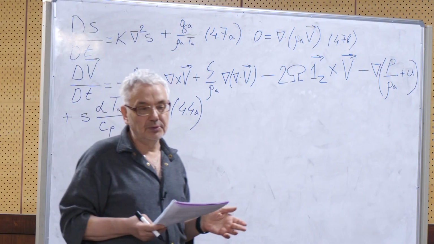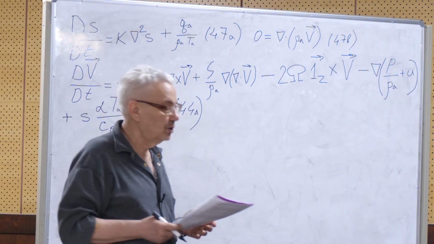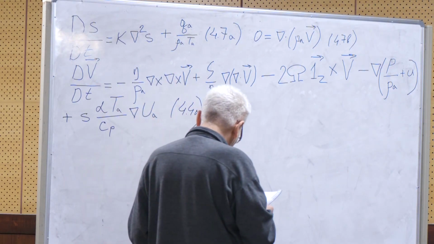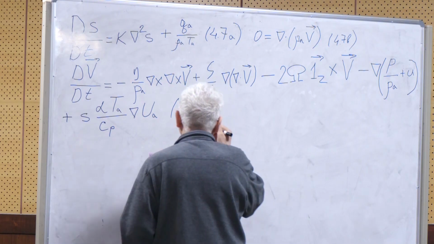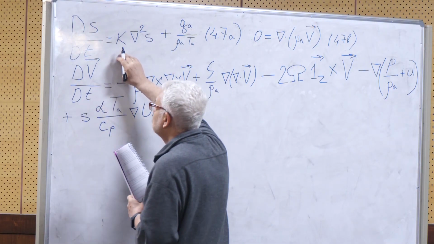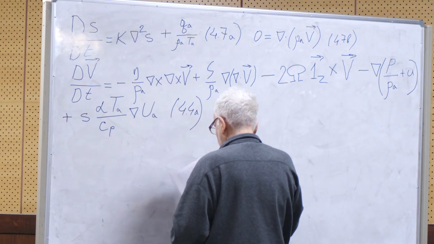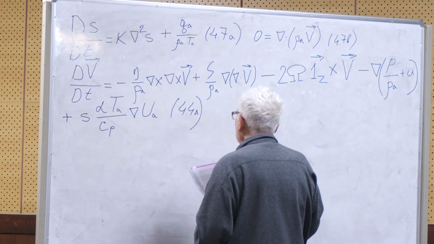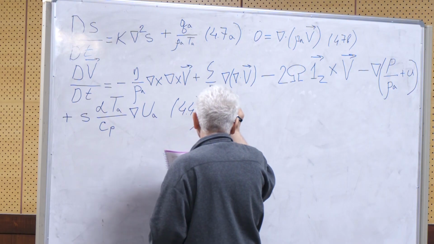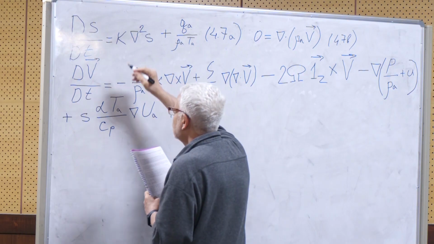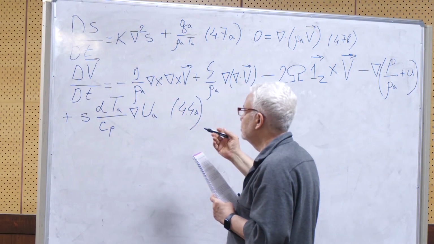If you just add the boundary conditions to these equations, let's write them down. First of all, the boundary condition which is related to the energy, actually to the entropy. Let's write it first. So we are adding the boundary condition. Let's just state it. So there is actually a complete system which we can resolve.